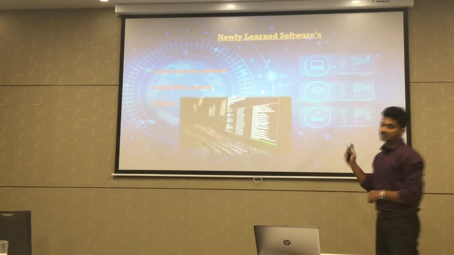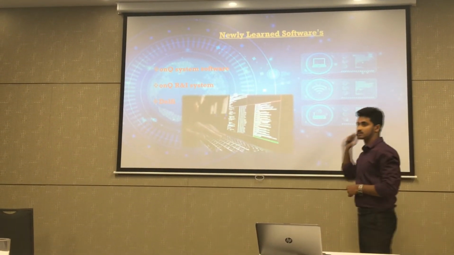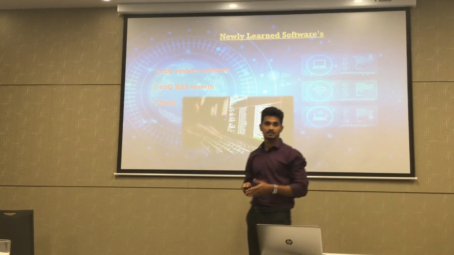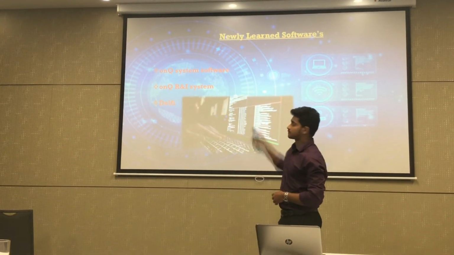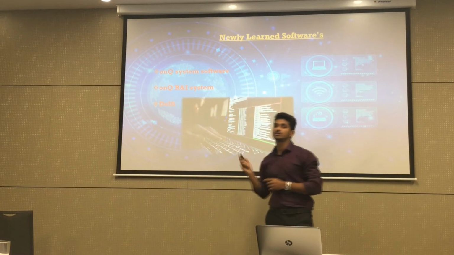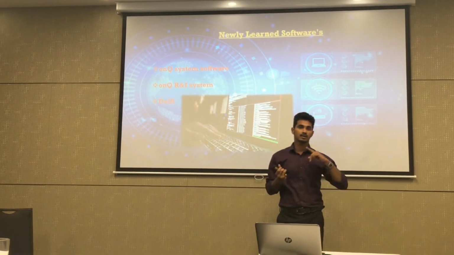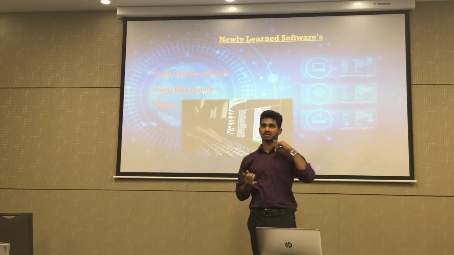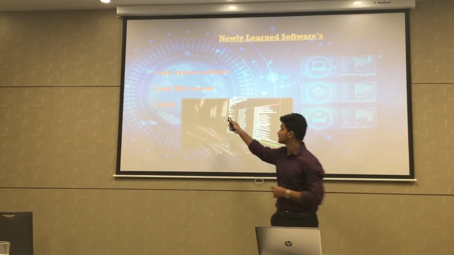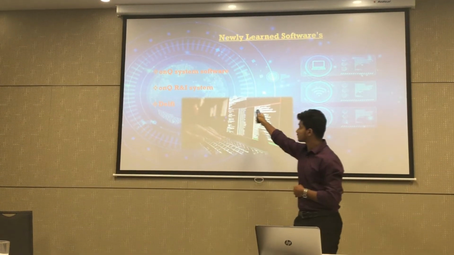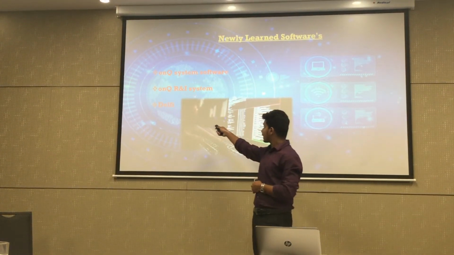Okay, that's a newly learned skill which I learned when I finished my internship. On-queue system software. On-queue system is a system in which I did all my rooming lists, all reservations and creating group master. Everything was done in the on-queue system software. And on-queue RNI system.